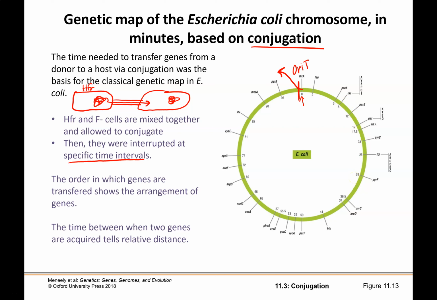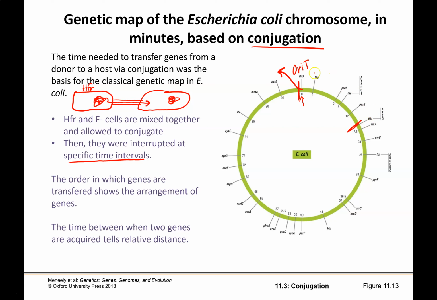Now you can use this to determine the map order of a circular chromosome. Because if you interrupt it, let's say just before 17 minutes, all cells are going to have these first 5 genes. If you let it go longer, they're going to have all 5 plus the gal gene.